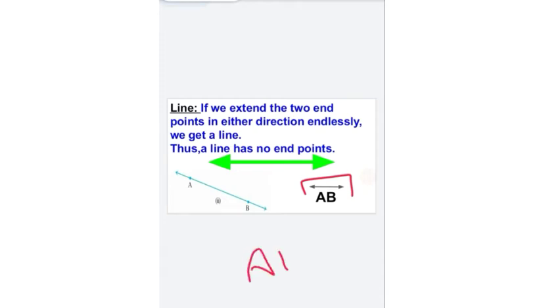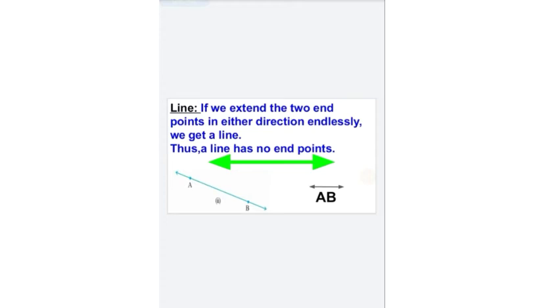You can see here AB with a line having arrows on both sides means AB is a line which can be extended from both sides endlessly.